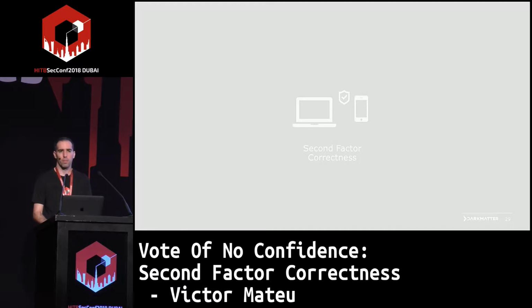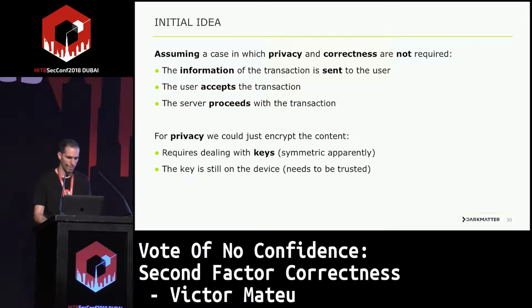We came up with the idea of doing something very similar to second factor authentication, but with the operations, in a way that it's secure. So our initial idea was, let's assume that we have privacy and correctness as a requirement that we don't care about. Those are no longer a requirement. So how do we do this? How do we fix this problem when nothing of it is a problem?